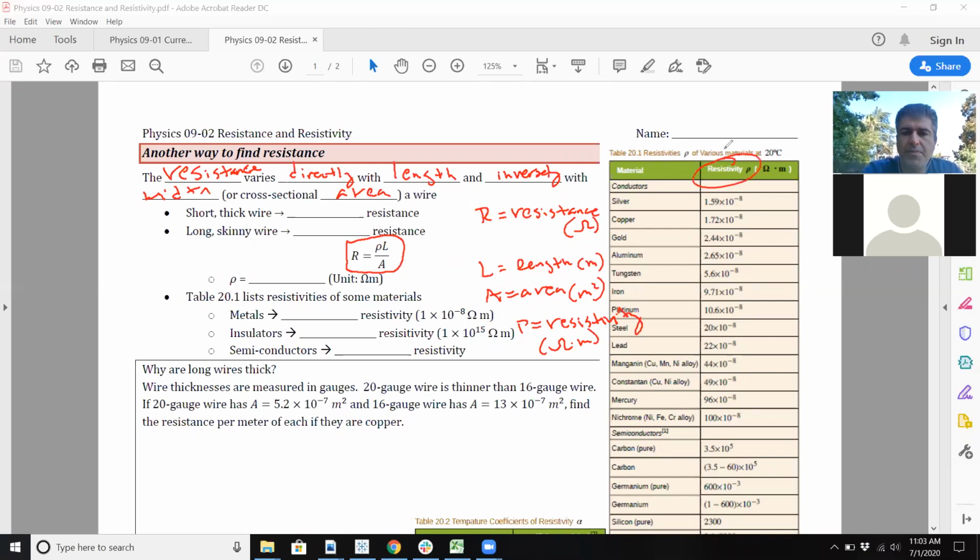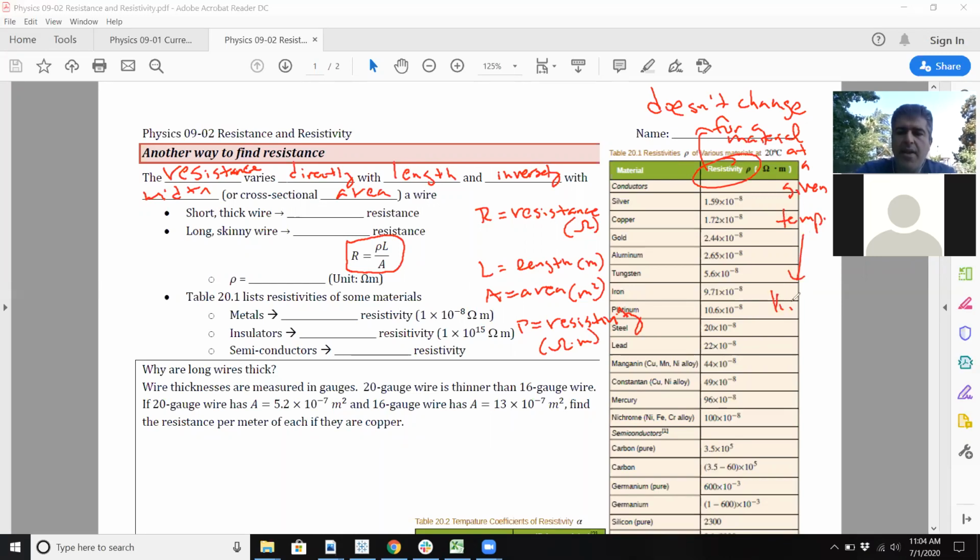Resistivity doesn't change for a material at a given temperature.